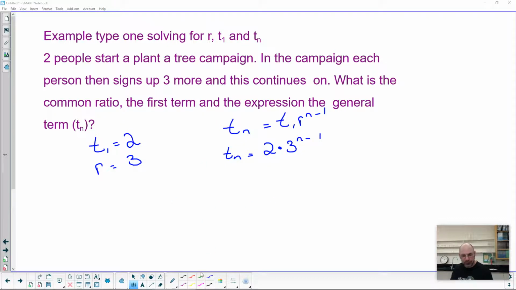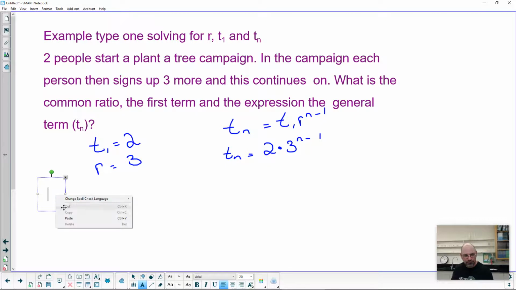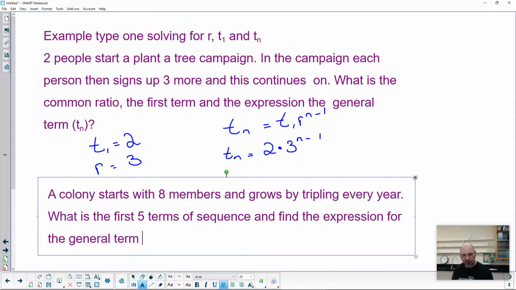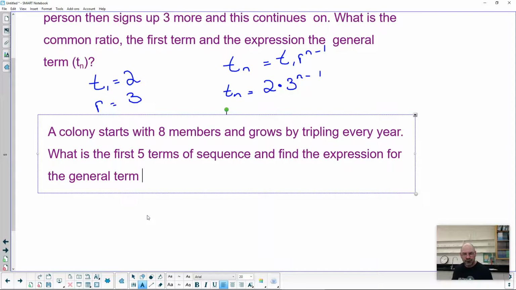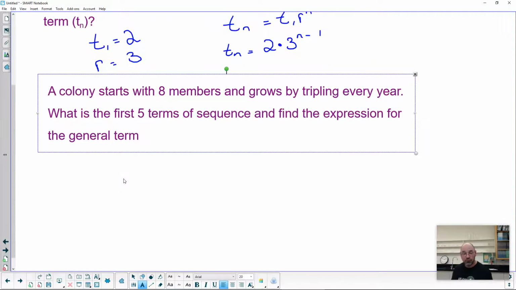Okay, this is example 2. A colony starts with 8 members and grows by tripling every year. What are the first 5 terms of the sequence, and find the expression for the general term? So again, we're doing a translation into terms.